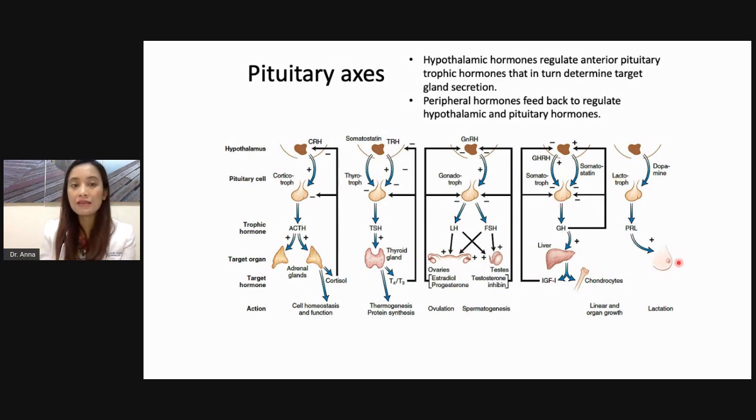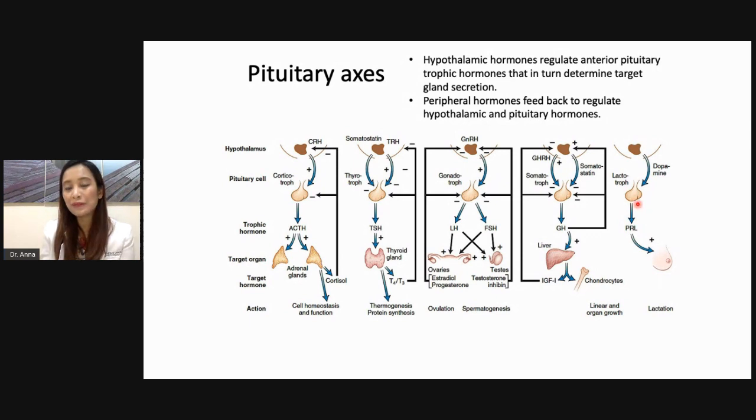And then lastly, we go to your hypothalamic-prolactin axis. This one is unique because it does not follow the typical mechanism of your other pituitary axes. In this axis, dopamine from your hypothalamus inhibits the tonic release of prolactin.